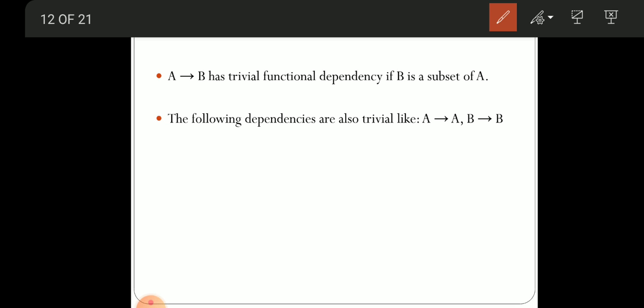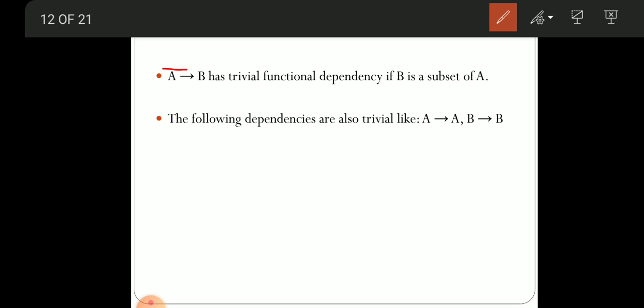So the definition is saying A to B has trivial functional dependency if B is a subset of A. Okay, that's sufficient. One more condition is there. We have to find out the left hand side attributes and right hand side attributes. So with the help of an example, I am going to explain this.